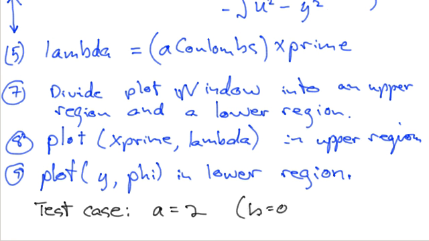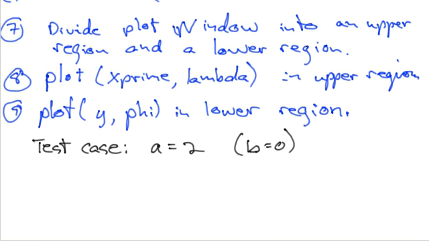B is equal to 0, they can actually put in whatever they want, and this means 2 microcoulombs, so our A coulombs is going to be 2 times 10 to the minus 6 coulombs.